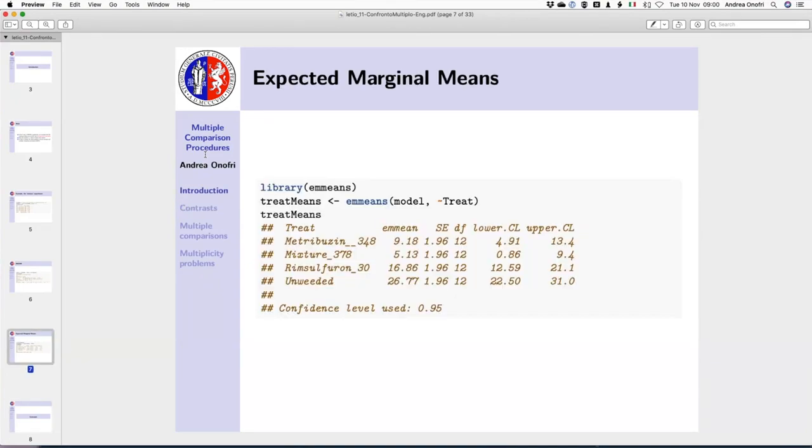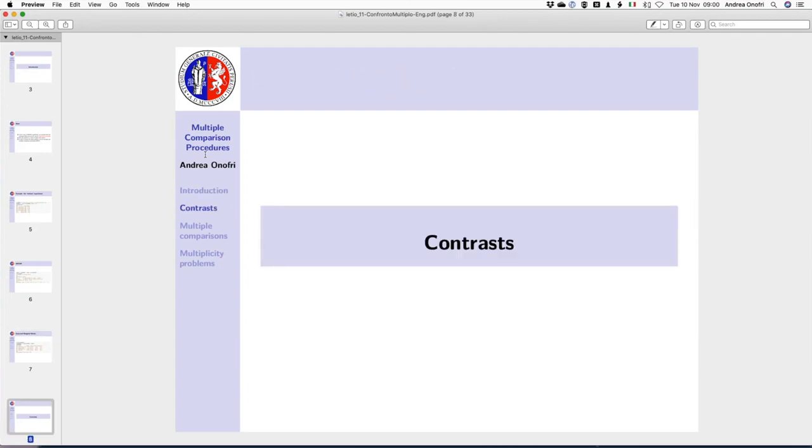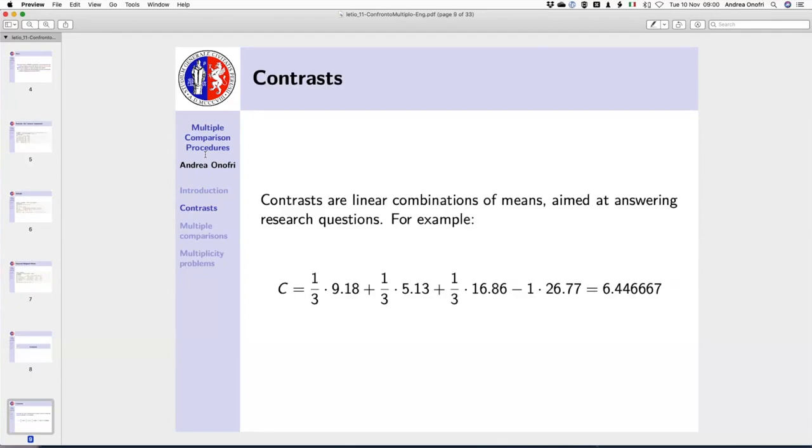So please note the means, 9.18, 5.13, and so on. We can make contrasts, that is, we can make linear combinations of means. What do we mean? We take the four means, multiply each mean by an appropriate coefficient, and sum.